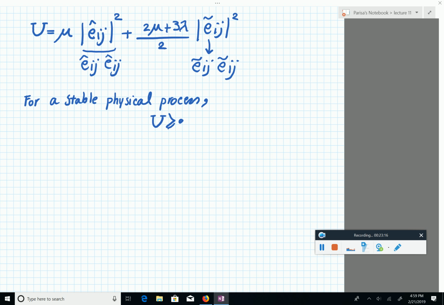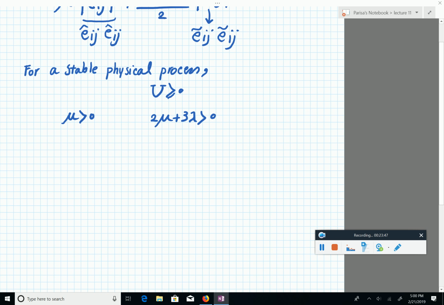And since the two parts that you see in terms of a strain tensor, they are both squared and they are positive, what does it tell us? Exactly. So then lambda, so the two constants have to be greater than 0. The two parts.